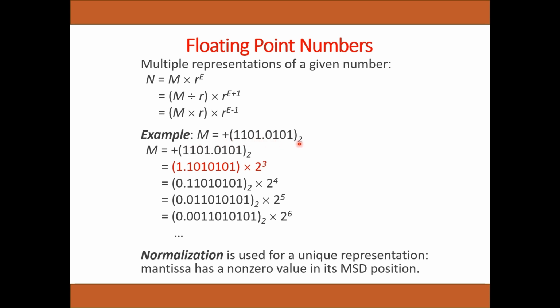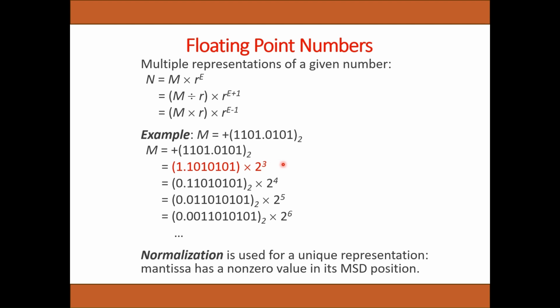Here is my number, the whole mantissa given here, 1101.0101. So this is a real number expressed in binary form. But in scientific notation, we usually write it like this: 1.1010101 multiplied by 2 to the power 3.